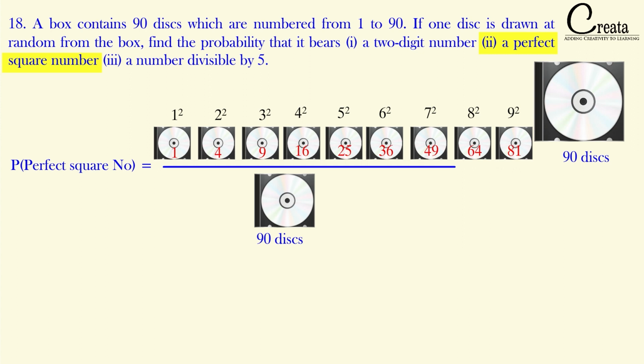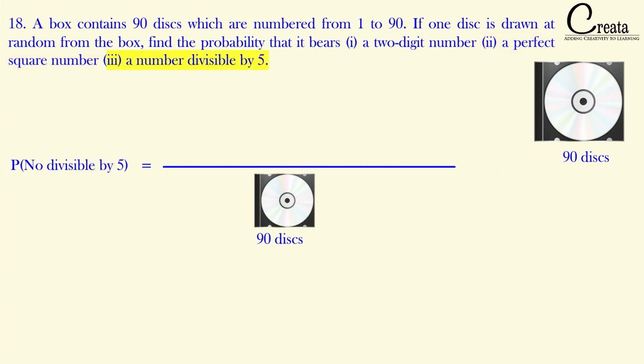So if you observe, we are getting a total of 9 perfect square numbers between 1 and 90. So in the numerator, we have 9 discs having a perfect square number, and in the denominator, we have a total of 90 discs. On solving, we got the answer as 1 by 10. Got it?